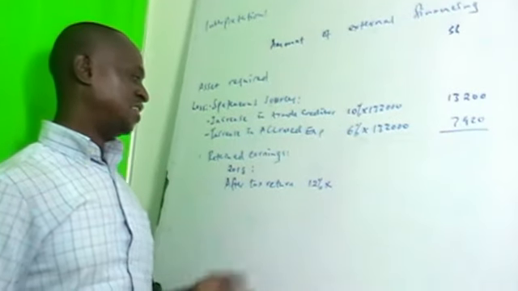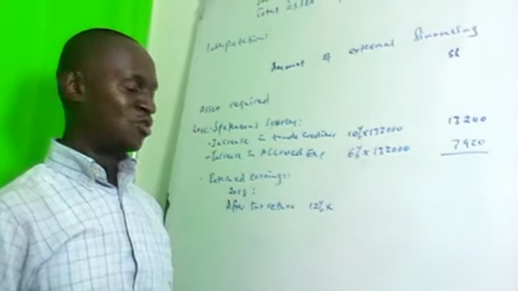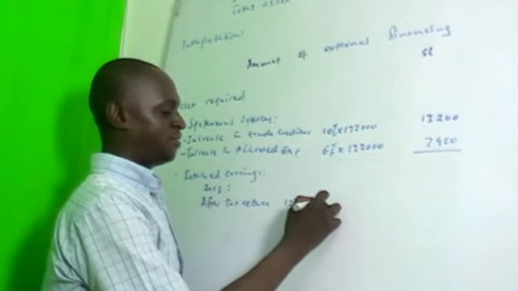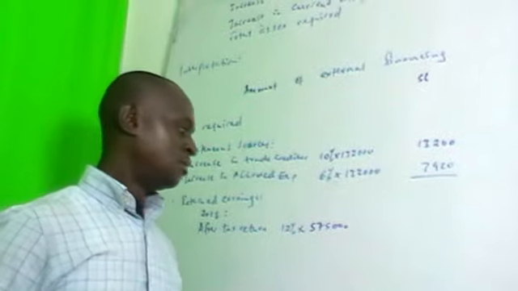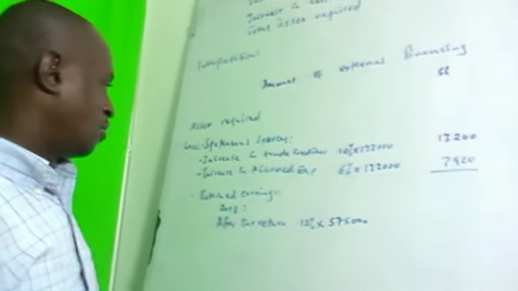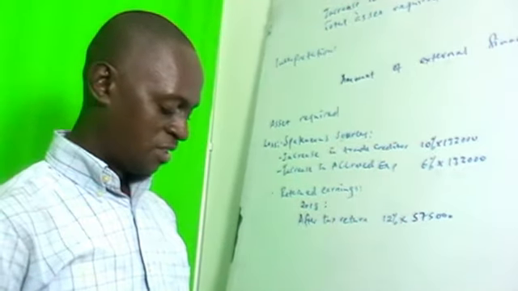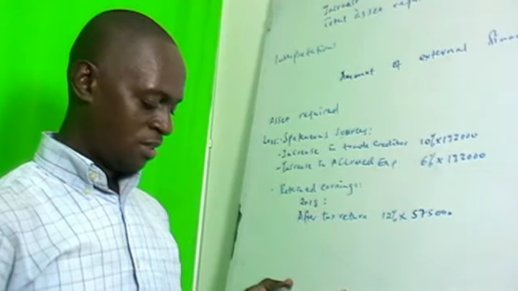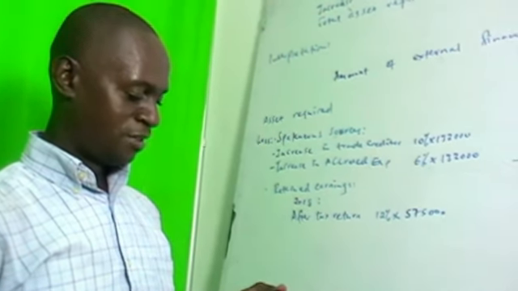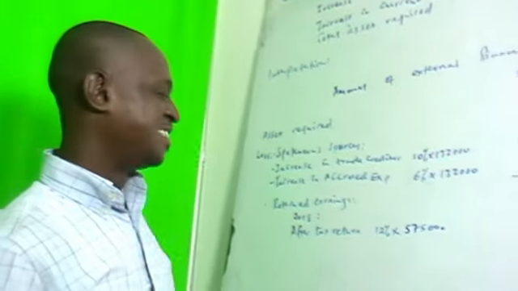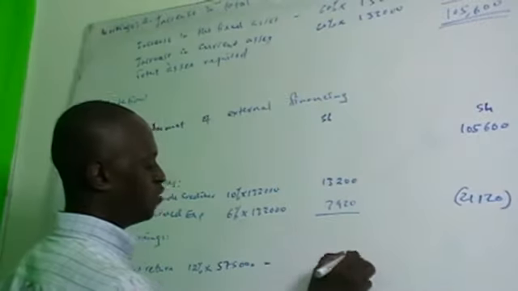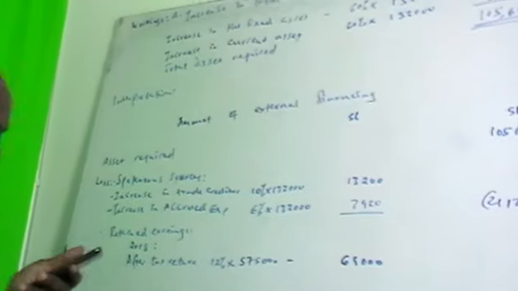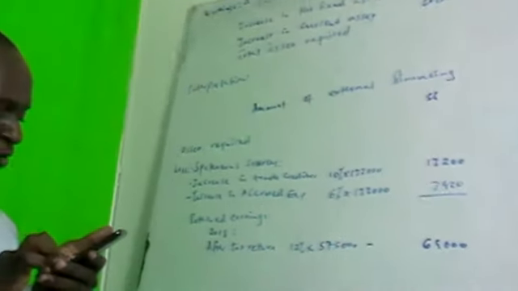So for the year 2018, the sales were shillings 575,000. So calculate that profit: 0.12 times 575,000. That gives us 69,000. So the net profit for the year 2018 was shillings 69,000.